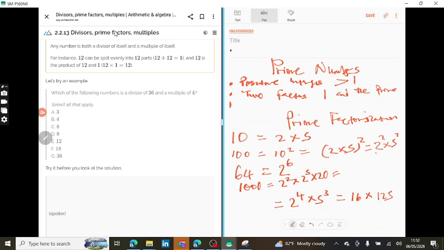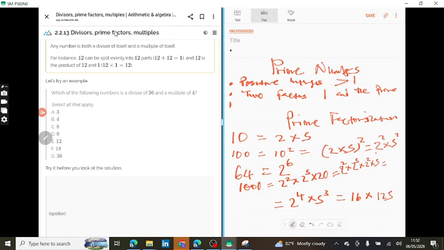So those 2 times 2, I'll bring the 2 here. So it'll be 2 squared times 5. Just because of want of space, let me reduce my writing. So 2 times 2 raised to the power 5. 20 is 2 times 2 times 5.